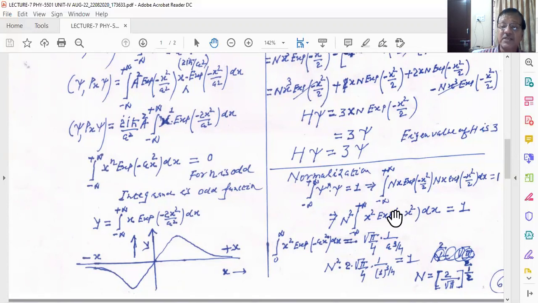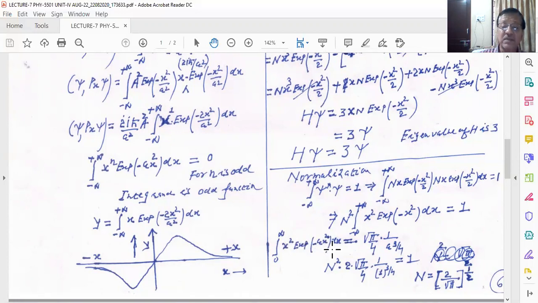And this integration is similar to a standard integration. I wrote this integration from 0 to infinity of x squared exponential of minus a x squared dx.